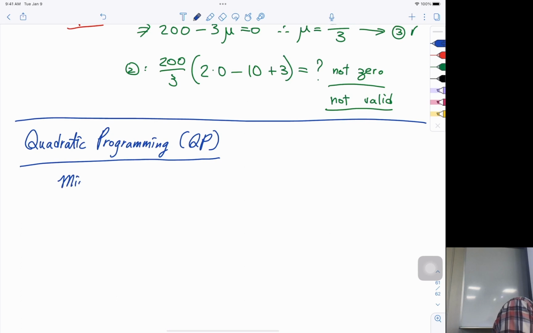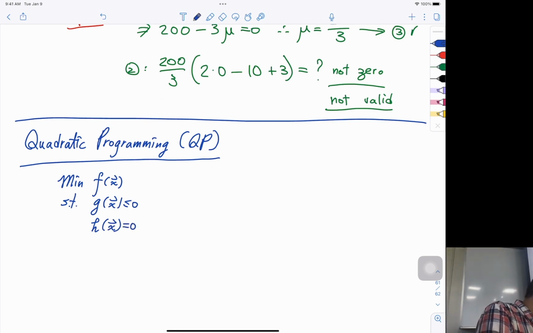For general problems, let's say all of them are nonlinear. What quadratic programming can do is apply a second order Taylor expansion to the objective, and for the constraints, linearization, basically a first order Taylor expansion.